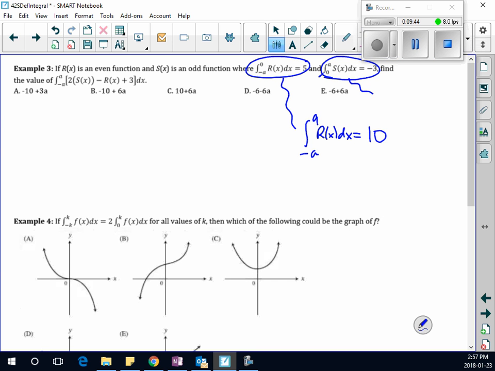So what would going from -a to a of s of x equal then? Right. There we see that if the collection of area from 0 to a would be -3, then from -a to 0, do you see what that would be?